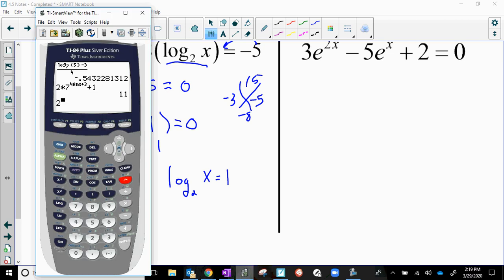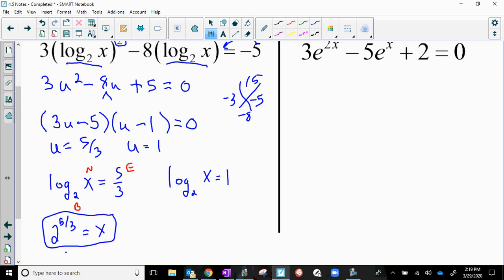So 2 raised to the 5/3 is 3.1748. And I should make sure this is not going to be extraneous. This one's easy. It's just x for our number, so that just has to be positive. So this one's good.